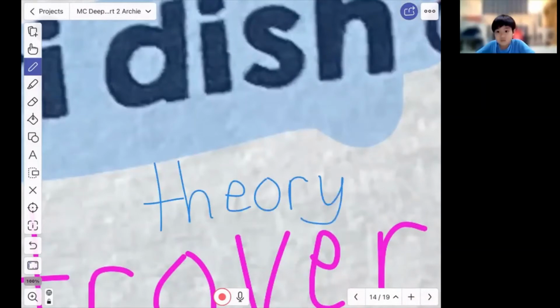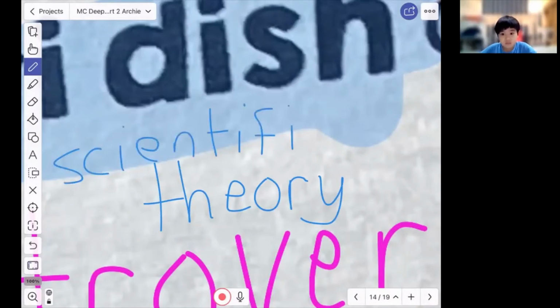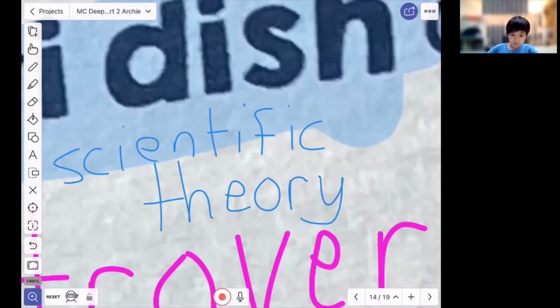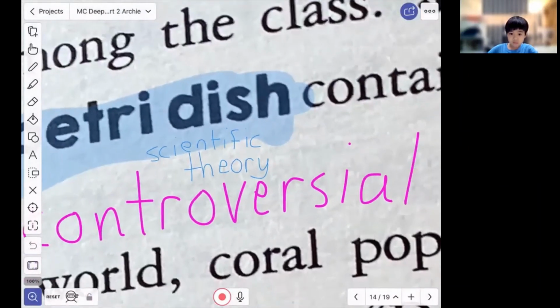And they believe it based on facts from doing science experiments. And so we could say it is a scientific theory. And scientific theories are very close to being facts, except that sometimes different scientists have done different research and come up with different data and prove different theories. And so there ends up being controversy.